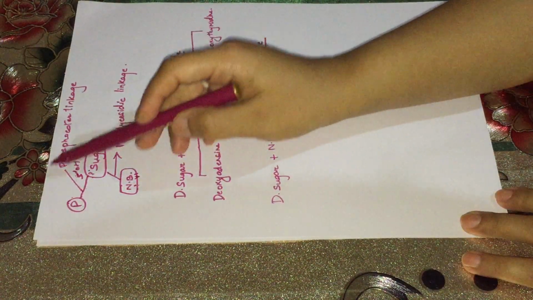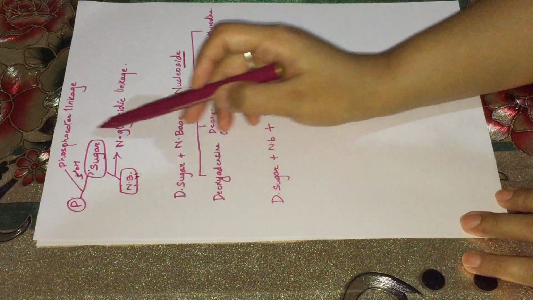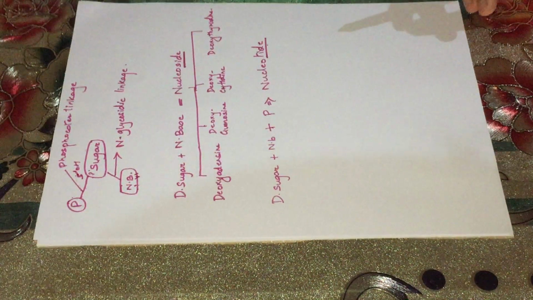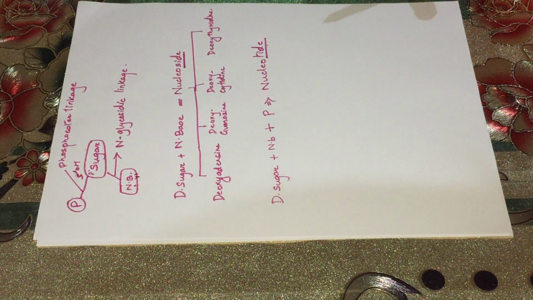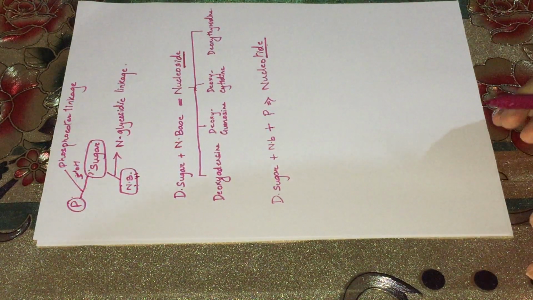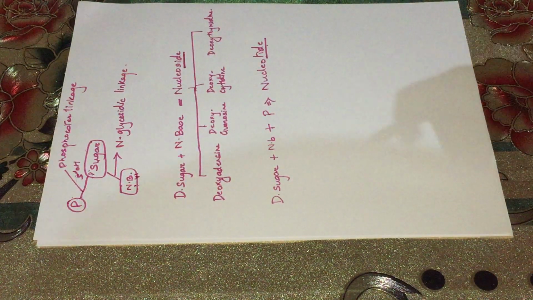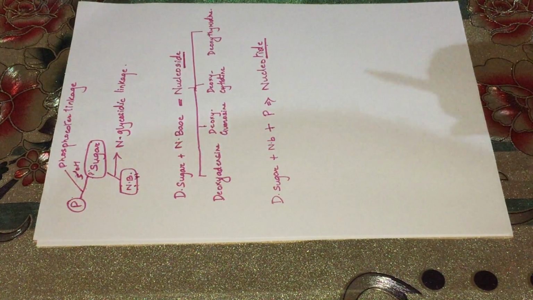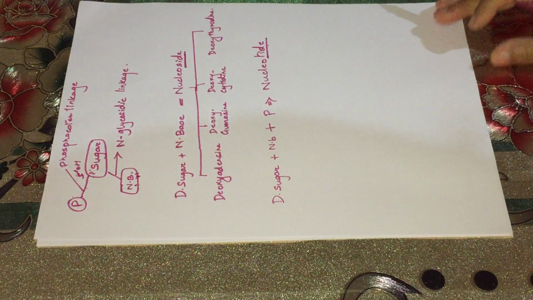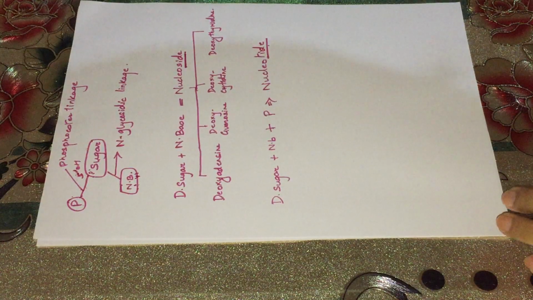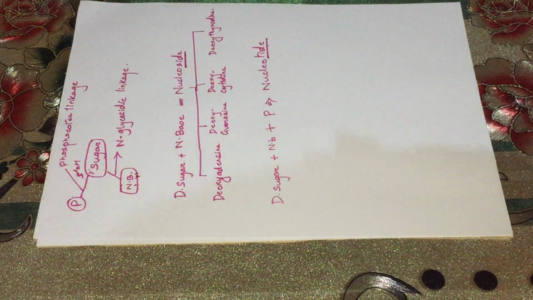This is only one nucleotide. So many nucleotides come together, link together and form a chain of nucleotides. Not only one chain, DNA is made up of two chains. I'll just show you the book. I think it's given in the book also.